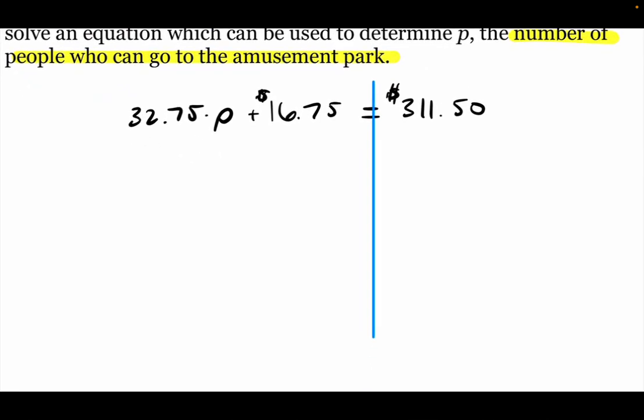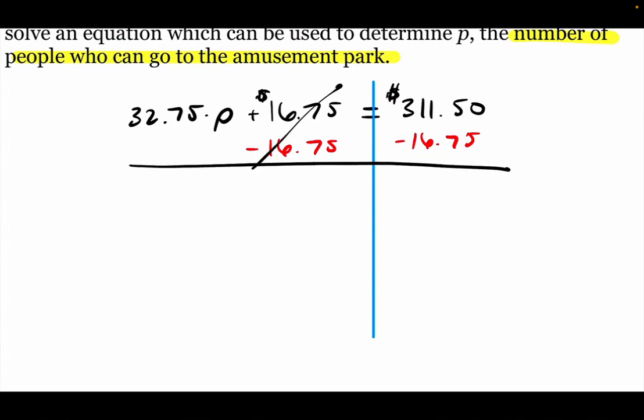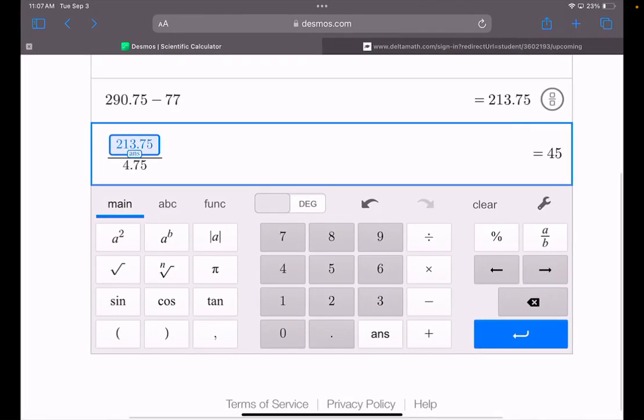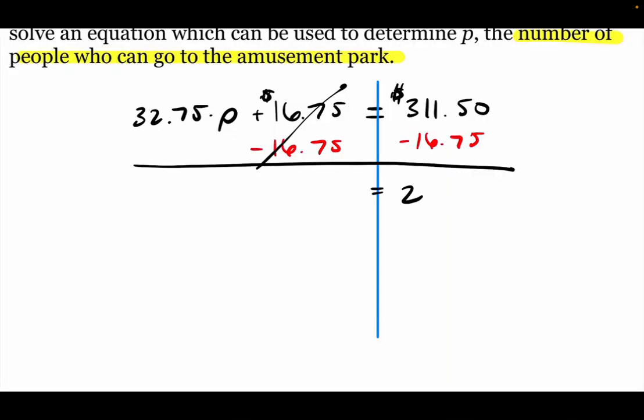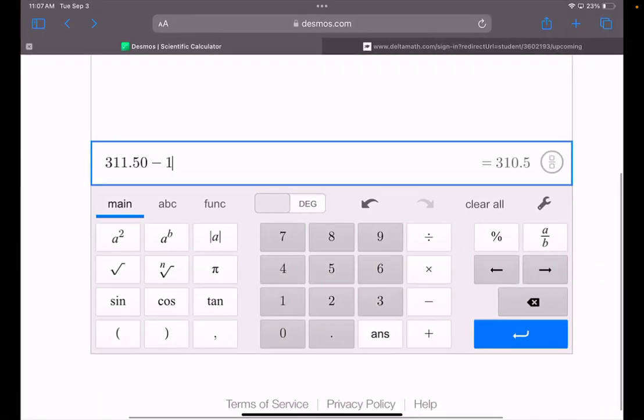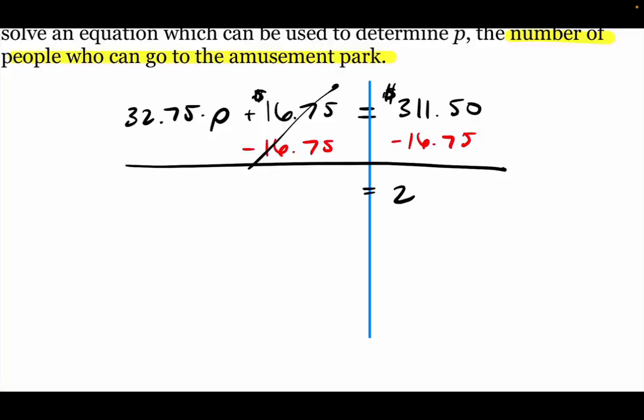Okay. So we have addition, so we're going to do subtraction. Subtract $16.75 from both sides. So 311.50 minus 16.75 is 294.75. Bring down my rate.